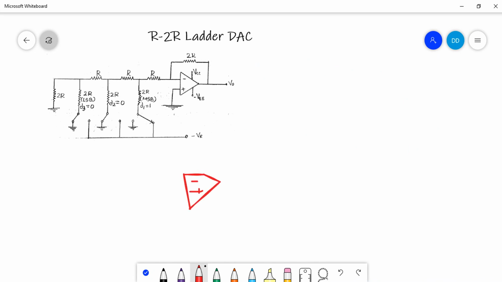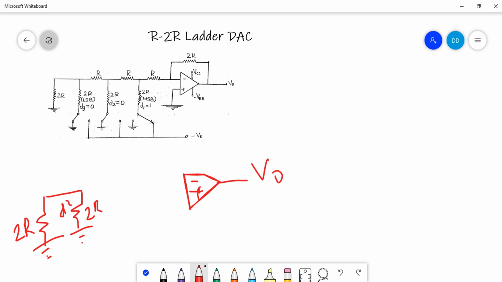We have the op-amp. This is V0. We have 2R over here, which is ground. We have the other resistor which is connected to ground. This is your bit D3. Next you have R. Next 2R.